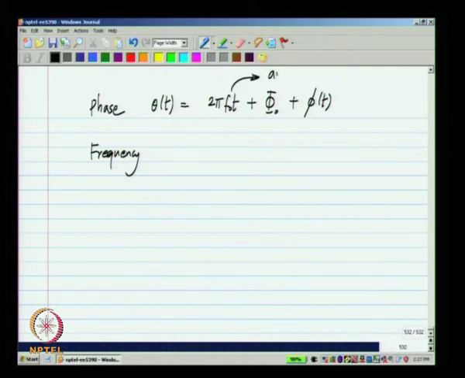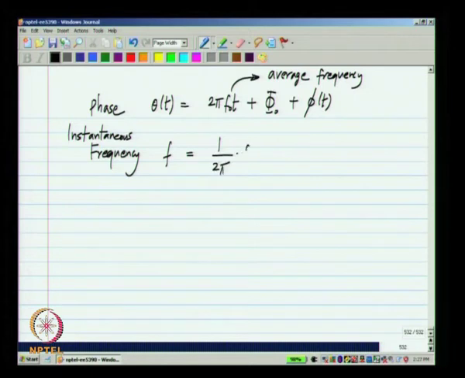This, by the way, I emphasize, is the average frequency, and the frequency that I am going to calculate is known as the instantaneous frequency f, and this is given by 1 over 2 pi times the time derivative of theta, which you can see is f naught plus the time derivative of phi of t.